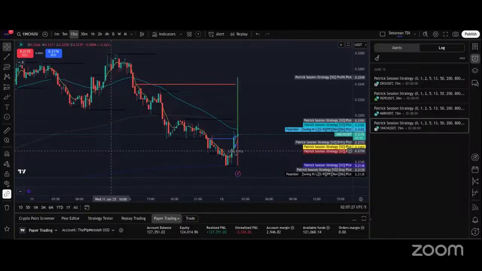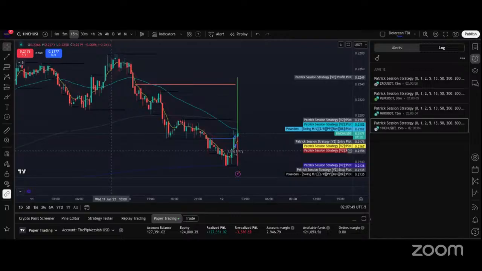However, I do have a little bit of trepidation because the 200 EMA is over the 50 EMA, and generally that implies consolidation with this setup, where you have the gray, the aqua, and then the blue.